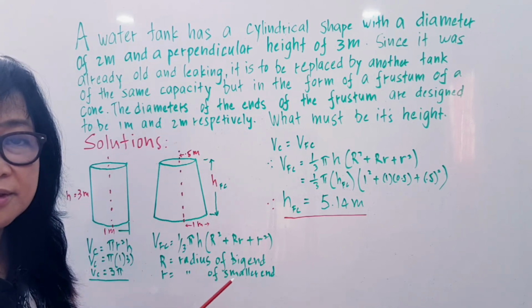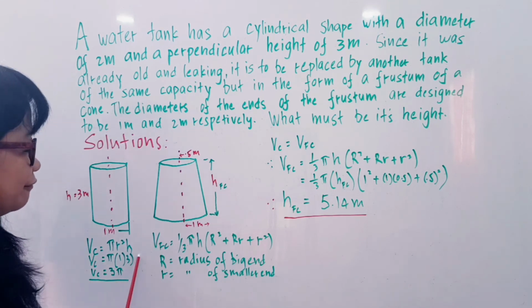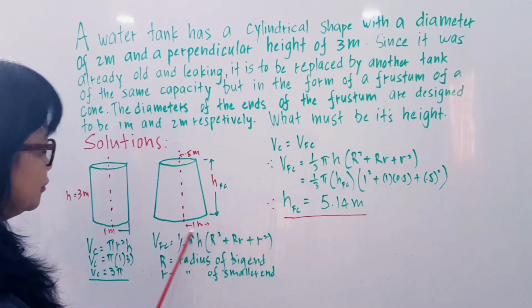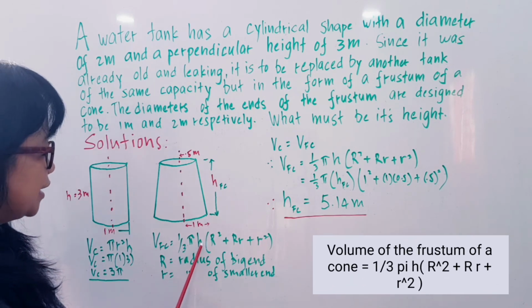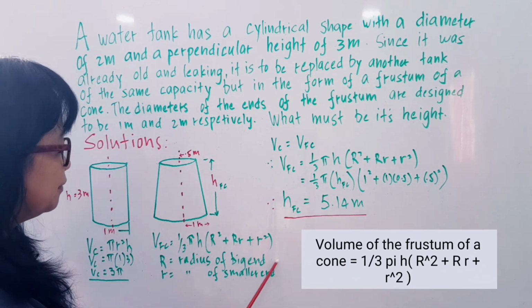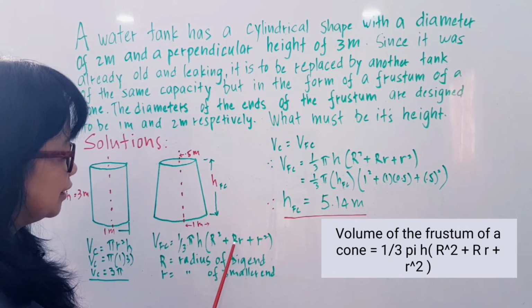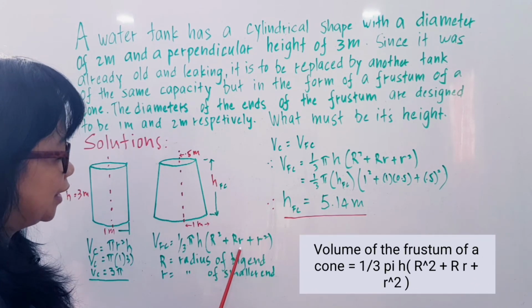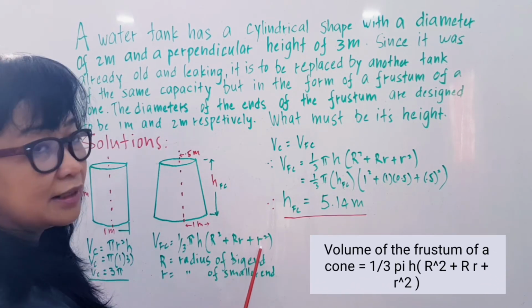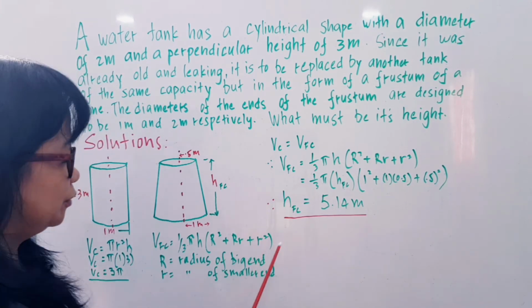Now, we have to solve the frustum of a cone, the height. Here, it involves the formula of the frustum of a cone. Formula for a frustum of a cone is equal to 1/3 pi times the height multiplied by the big radius squared plus the product of the radius big one and the small one plus the radius of the smaller raised to the power 2.